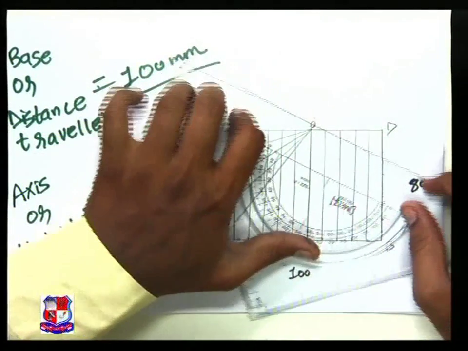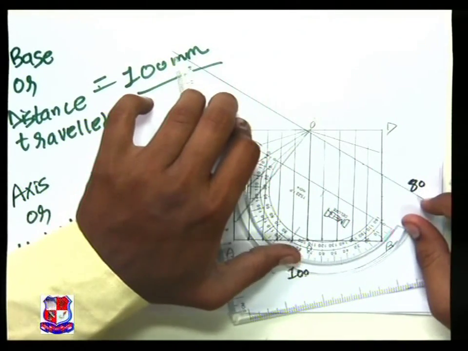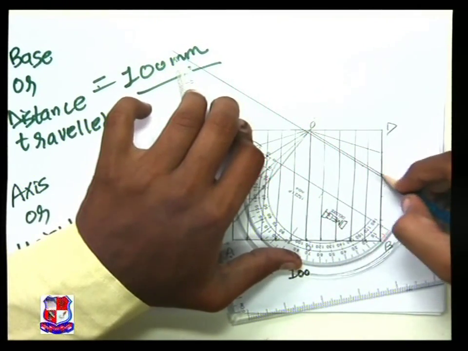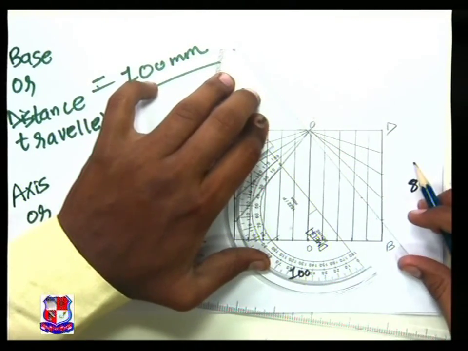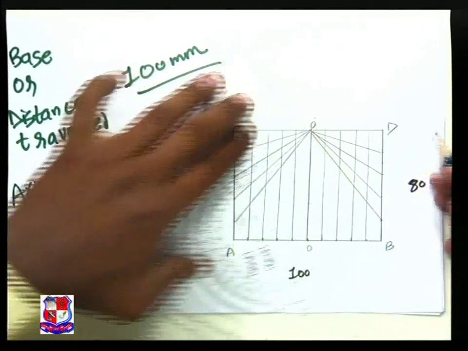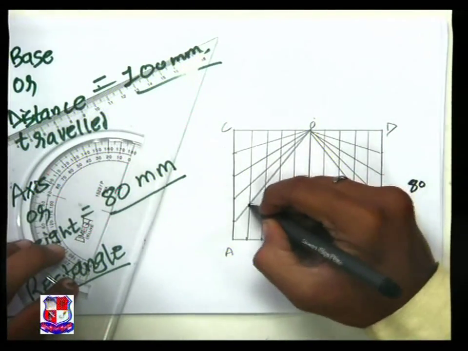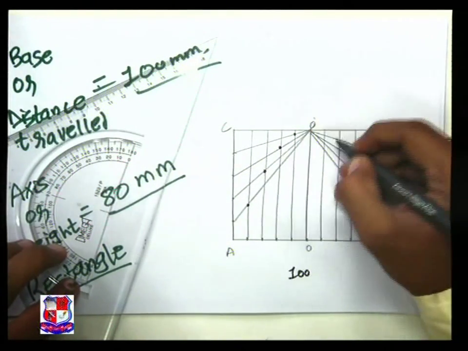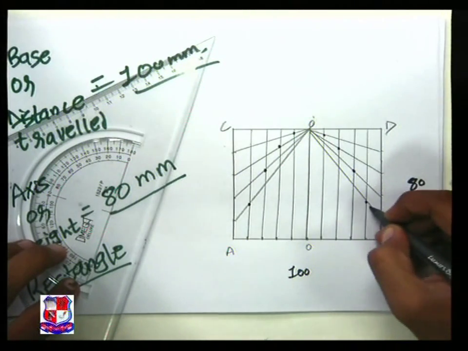On the other side as well, similarly 1, 2, 3 and 4. We have got intersection points 1, 2, 3, 4 and 1, 2, 3 and 4.